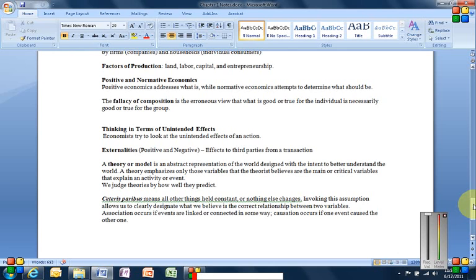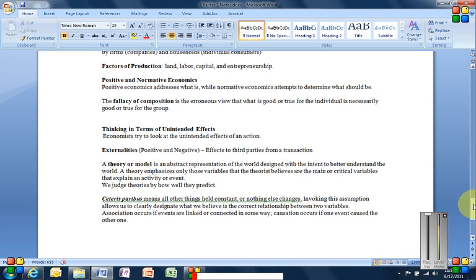We judge these theories and their theorists based on how well they predict. If they're right a lot of the time in the predictions that they make, or the policy prescriptions that perhaps are implemented, then we judge them based on how effective they are and whether they work the way that they were predicted to.